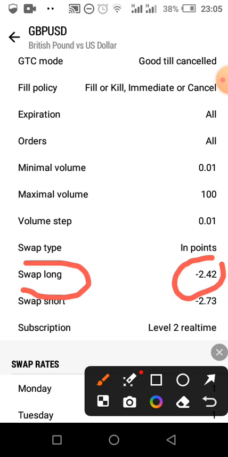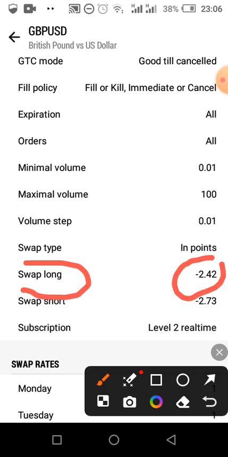And you always have to make sure that you include those potential costs with the average number of days your trading strategy may last, which you would have taken note of in your backtests.